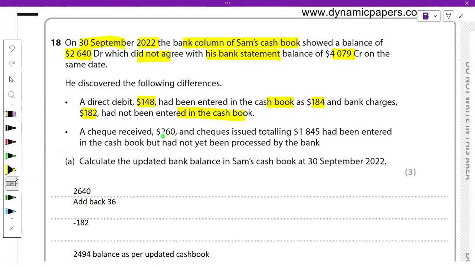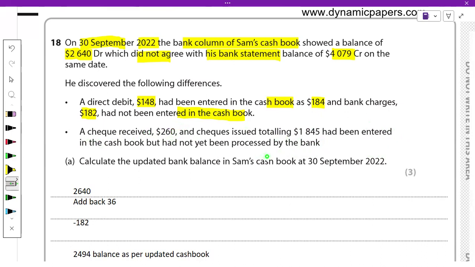It means that you already recorded 260 and 1845, but it is not processed by the bank. So this is not a mistake on your side, and that's why we have to make the bank reconciliation statement. This check received, which is $260 from your customer, you had recorded it, but the bank hasn't processed it yet.